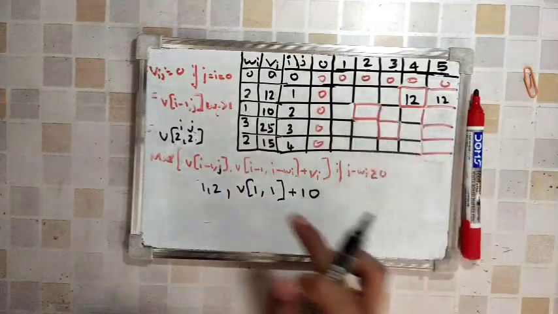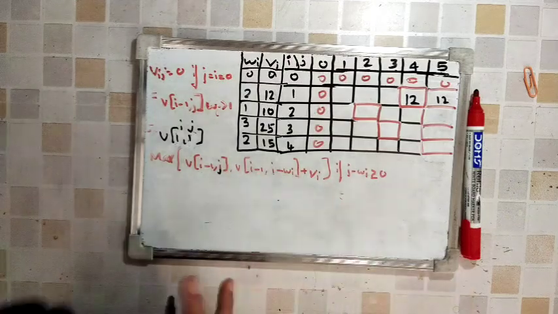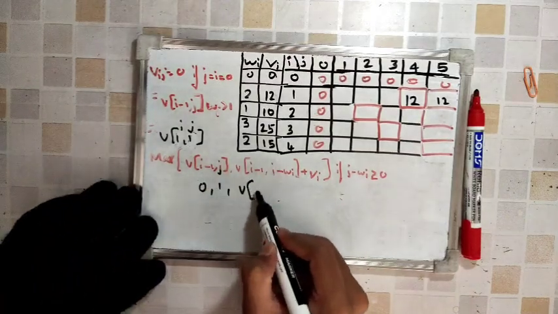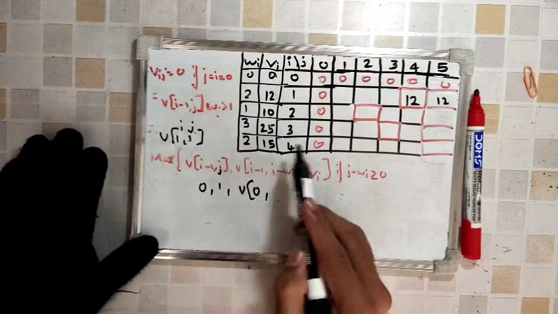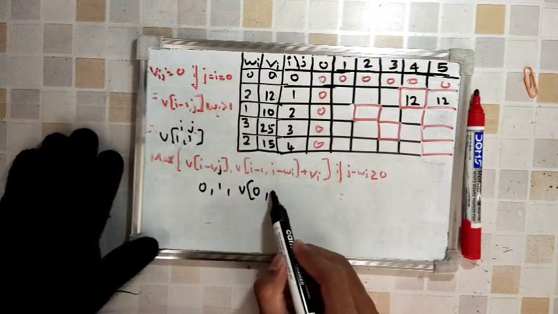If I have to find 1 comma 1, let us see now. So here 0 comma 1, or v of 0 comma j minus wi, so j is 1, wi is 2 here, 1 minus 2 is minus 1.